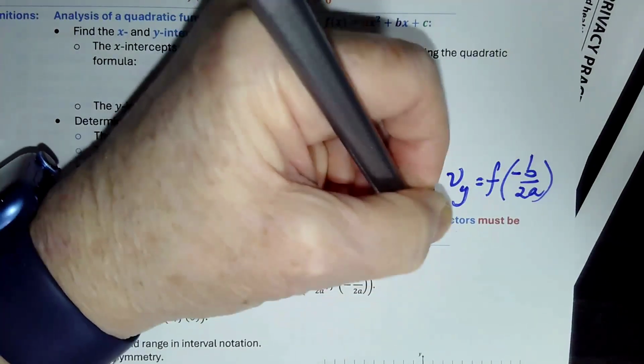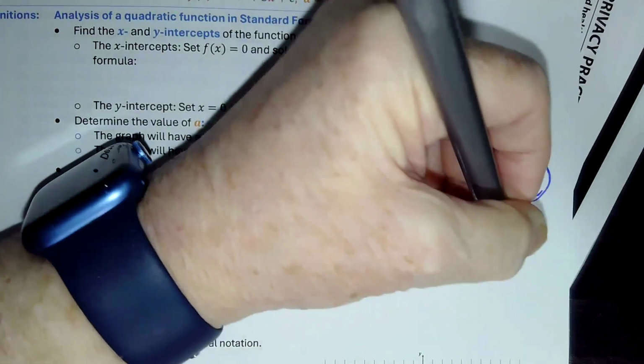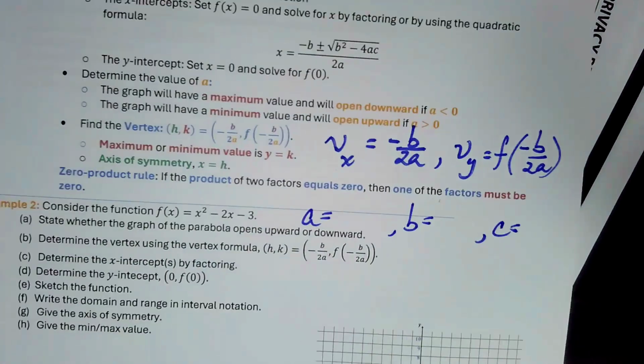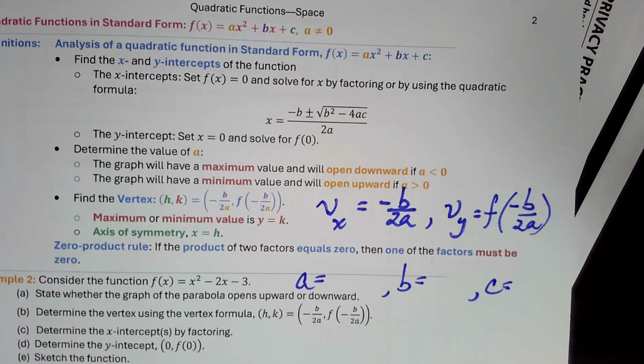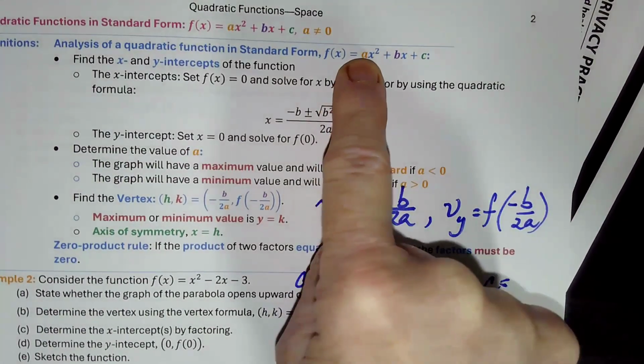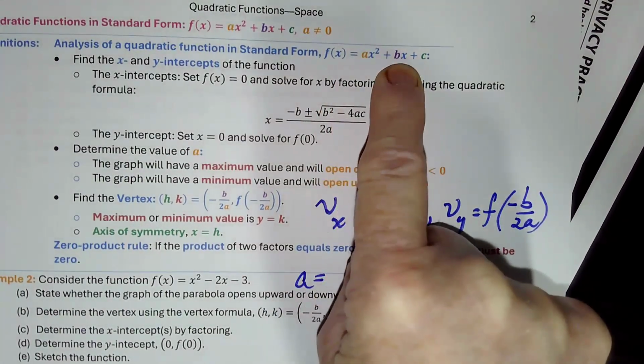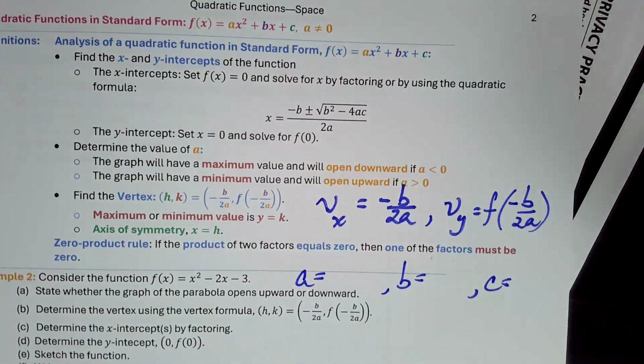What is A, what is B, and what is C? Remember that A is in front of x squared, B is in front of x, and C is the constant.